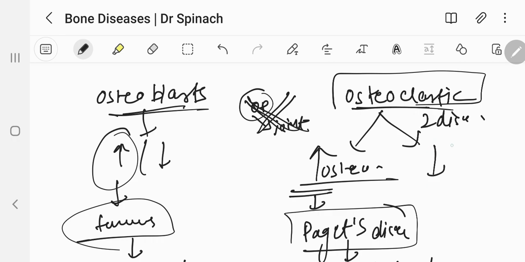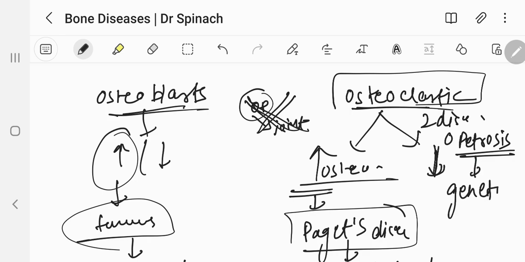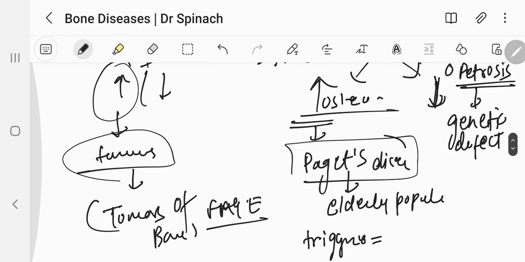And the other one is osteopetrosis, not osteoporosis. In this, there is a decrease in osteoclastic activity, and this is due to a genetic defect in the osteoclast.